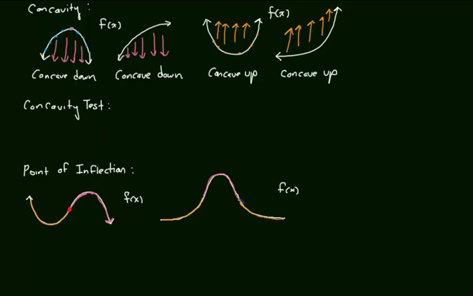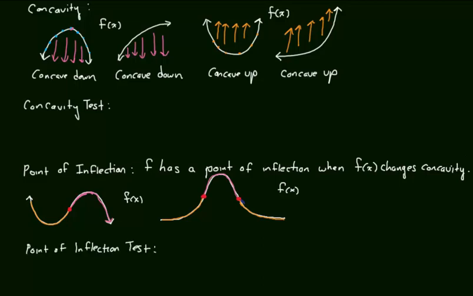So this graph here has 2 points of inflection, there and there. So f has a point of inflection when f of x changes concavity. And now we have 2 tests that will require calculus to determine intervals of concavity or determine points of inflection. Okay, we will do the concavity test first.